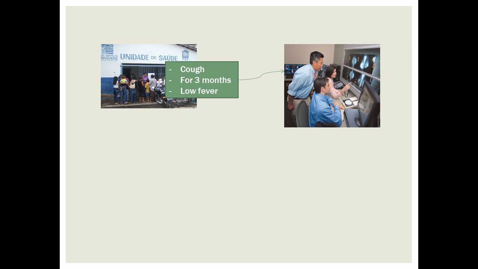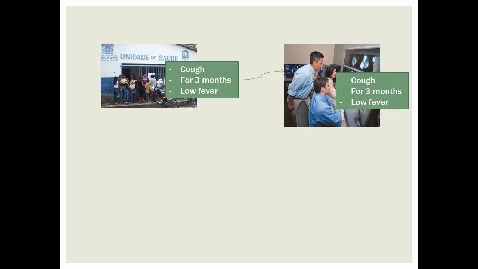The system at the primary care setting sends that data extract to the radiology clinic system, and the radiology clinic system is able to receive and understand the semantics of the data extract that came from the primary care setting.